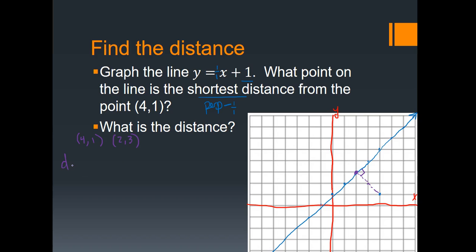Remember, to find distance, we use our distance formula, which is subtracting the x's and squaring, subtracting the y's and also squaring those, and doing the sum. So let's go ahead and do that. The x values are 4 and 2. The y values are 1 and 3.